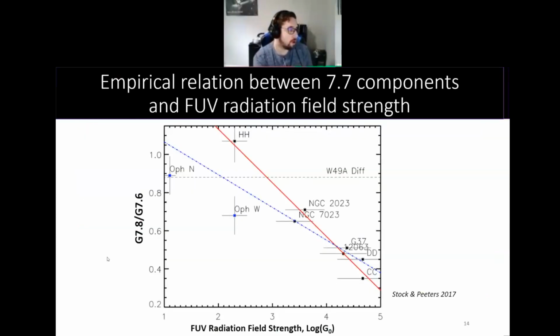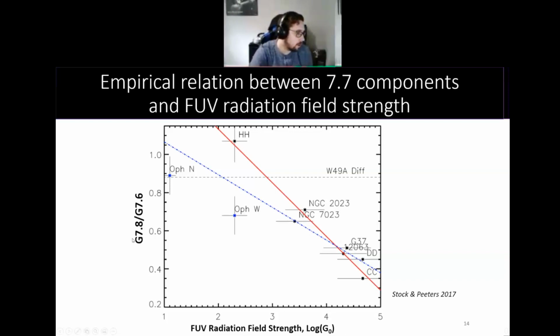So overall, there have been some interesting studies in the recent decade, connecting empirical relationships between PAH emission and the far ultraviolet radiation strength, or G0.